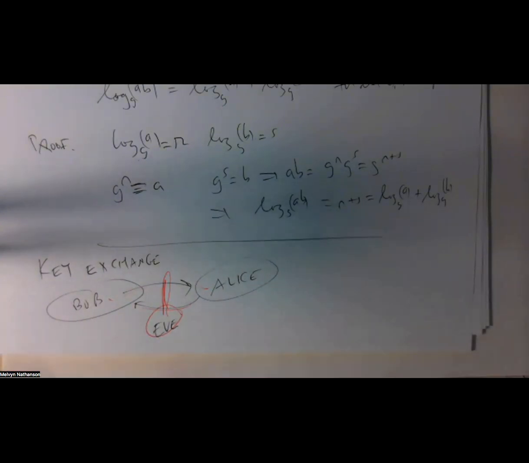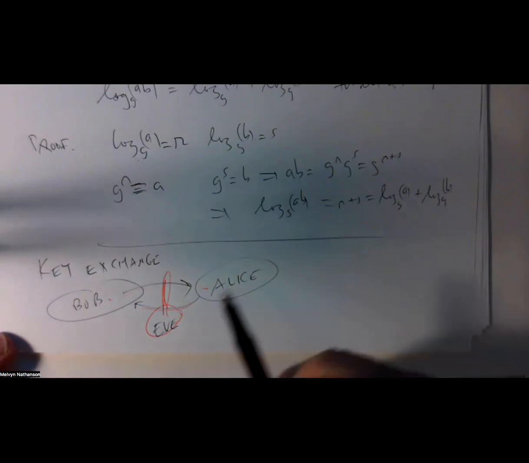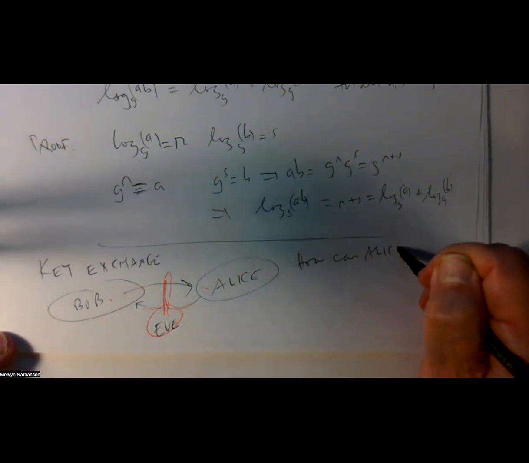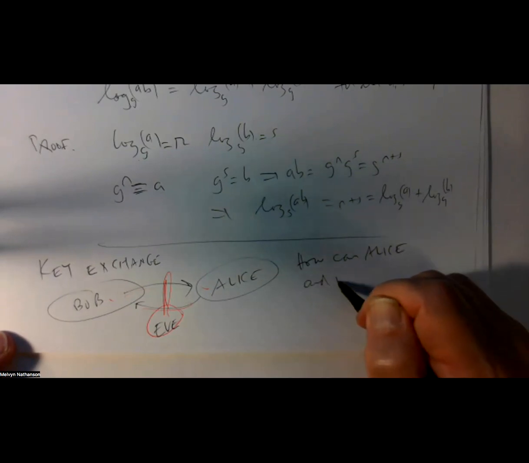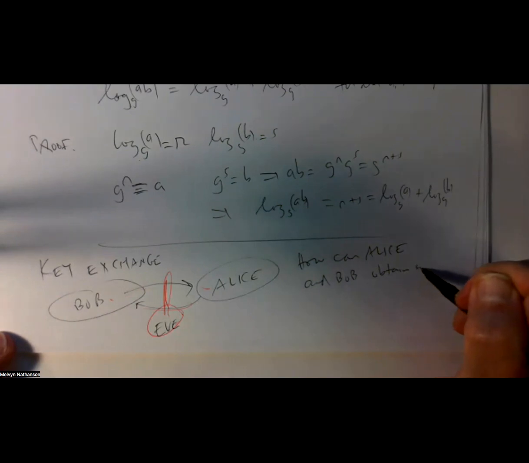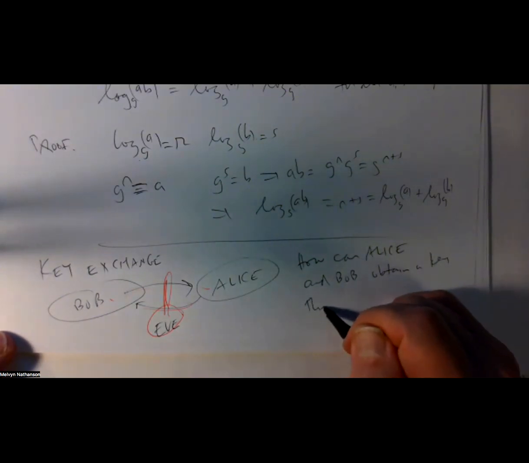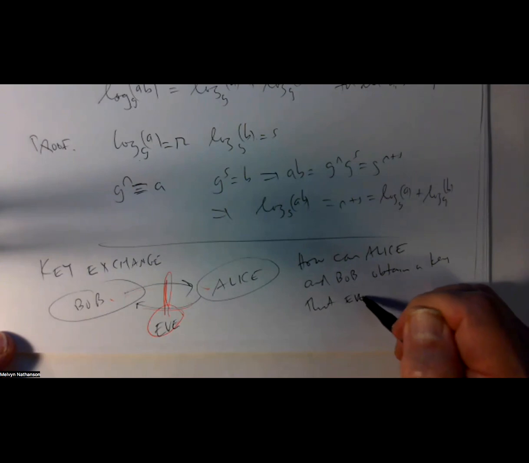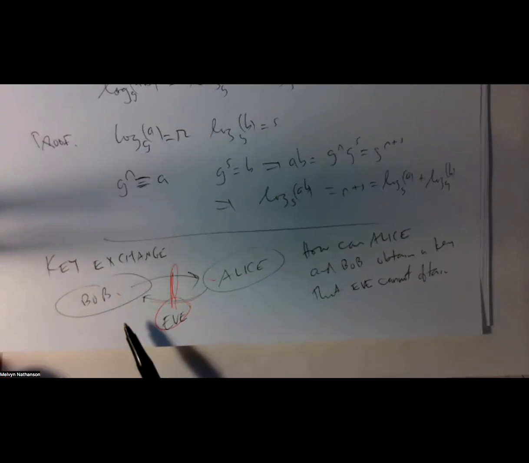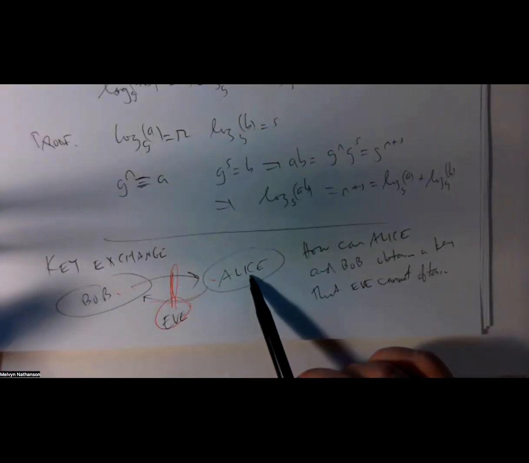So the problem is, how can Alice and Bob obtain a key that Eve cannot obtain? That is, how's Bob going to send Alice the key?